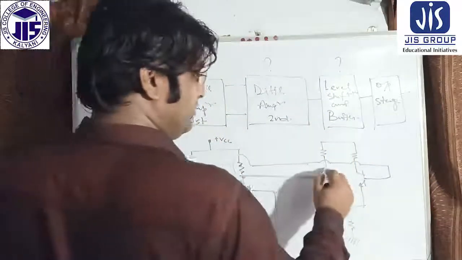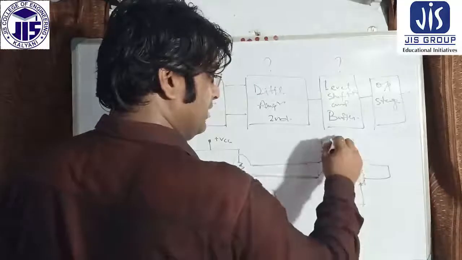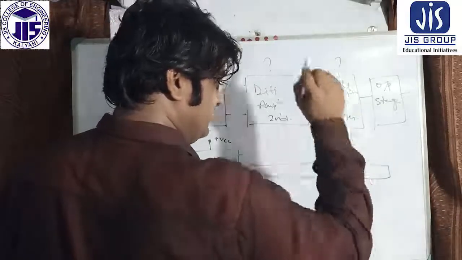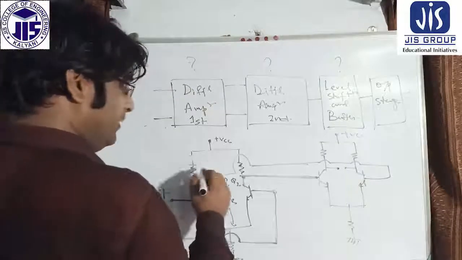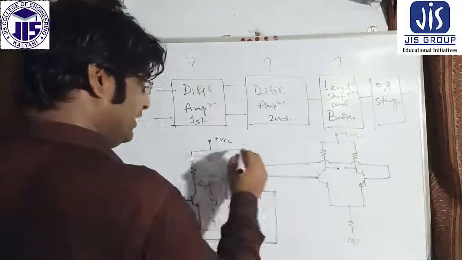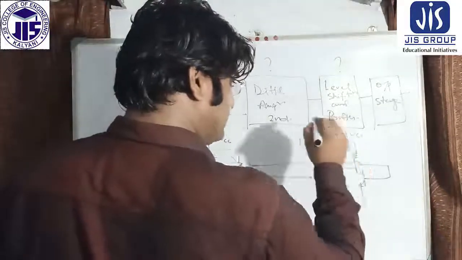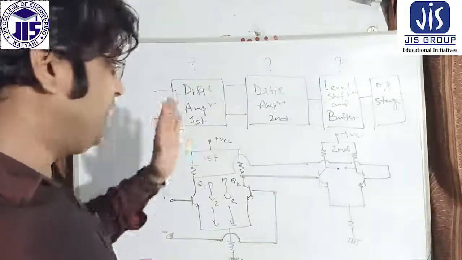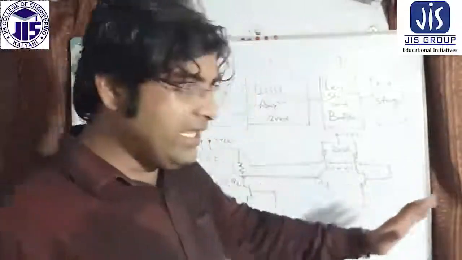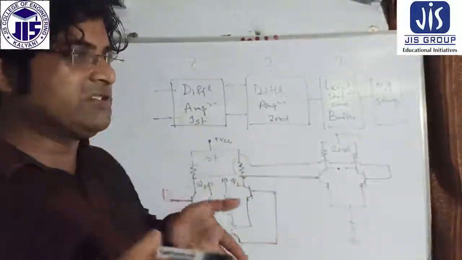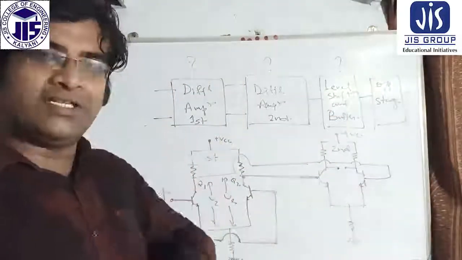So there is the output and there is plus VCC. It is the first differential amplifier and it is the second differential amplifier, and like that way the circuitry goes through for this operational amplifier.